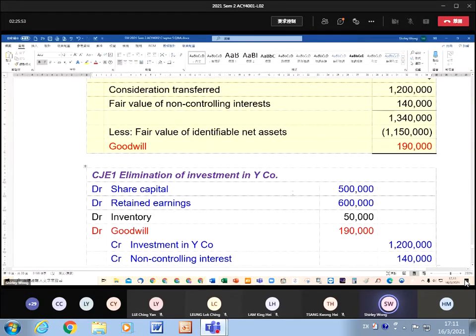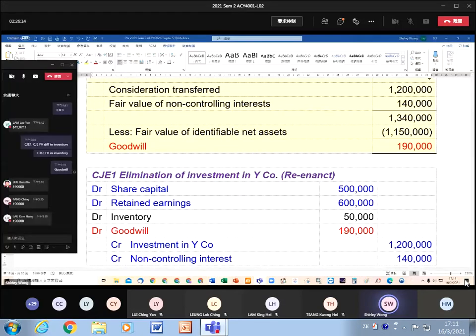Remember, this is the third year after you purchased the company. You purchased it in 2003, now it's 2005. So for this entry, it is re and add. Okay, very good. You can do it.